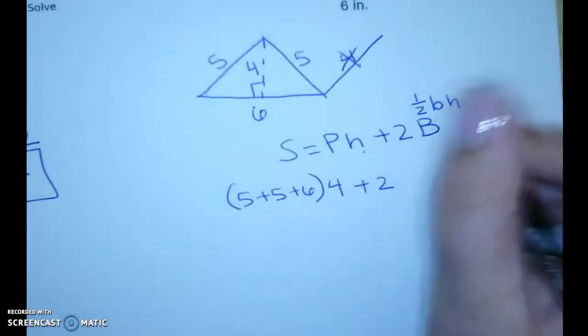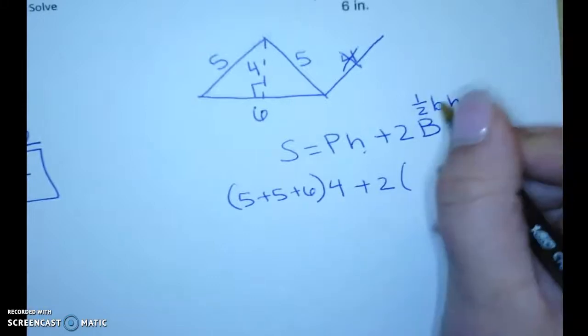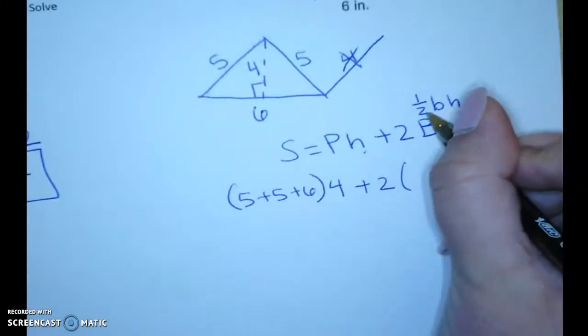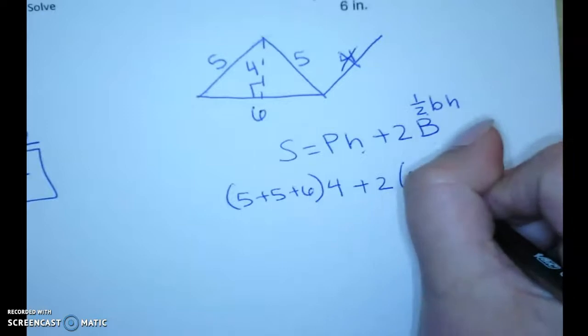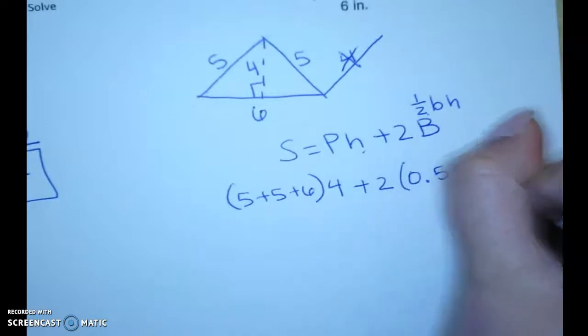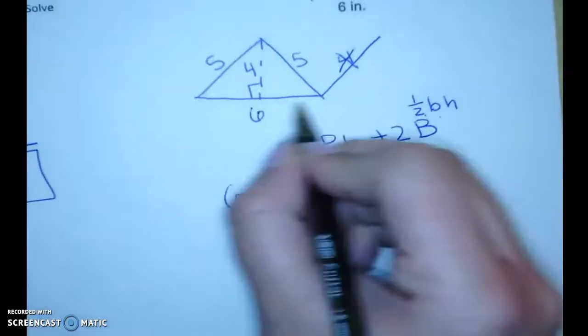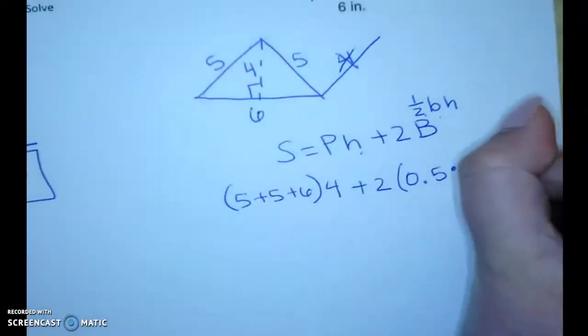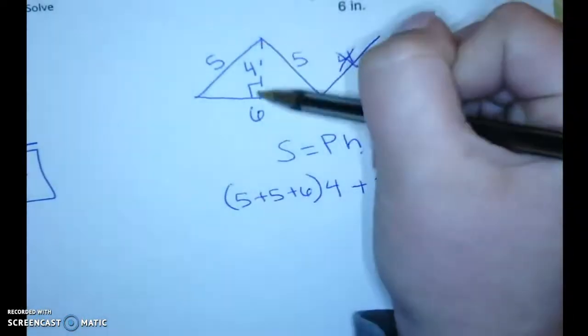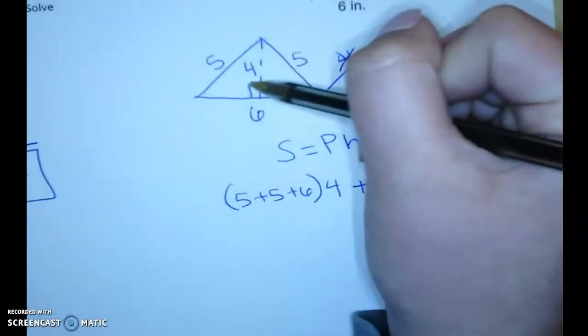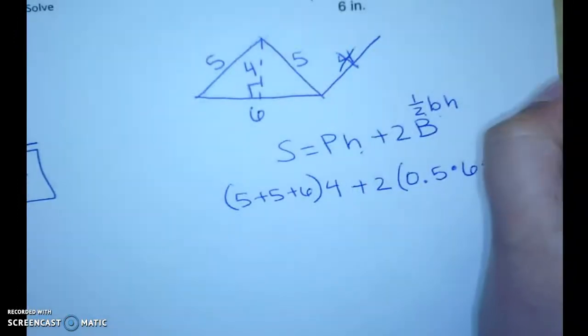Plus 2, and then inside your parentheses, you can write 1/2, but 1/2 as a decimal is 0.5, and that's usually easier to type in the calculator, times the base of the triangle, which is 6, times the height of the triangle, which is this 4. Remember, the base and the height have to make a right angle.